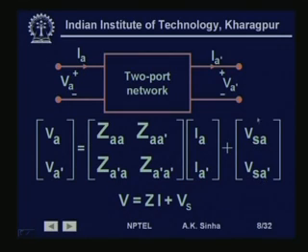Now, these are basically the voltages or the voltage sources which are connected in this system. So, on this side as well as this side, they are taken care of by means of this VSA and VSA dash. Therefore, in short, we can write this relationship as V is equal to ZI plus Vs.